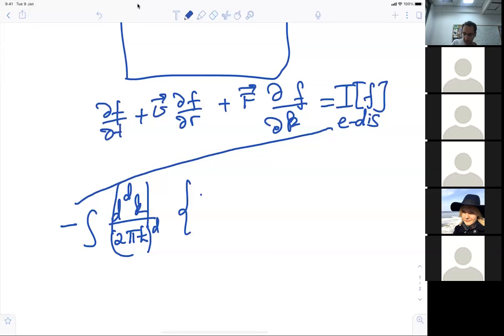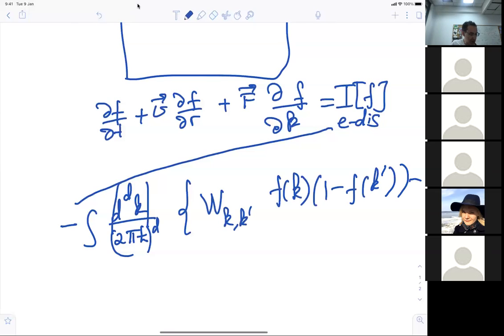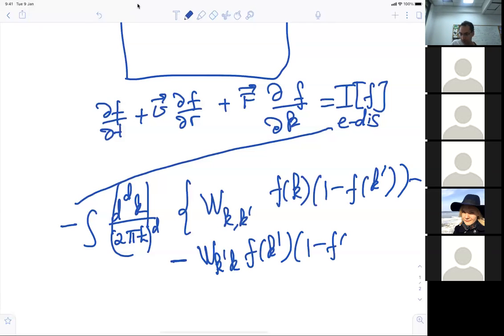And here there is a transition probability w_kk prime, the probability to have state k occupied and the probability to have state k prime empty. This is the incoming part of the flux into the state k, minus the outgoing part, k prime k, f_k prime (1 minus f_k).